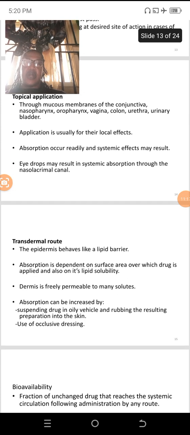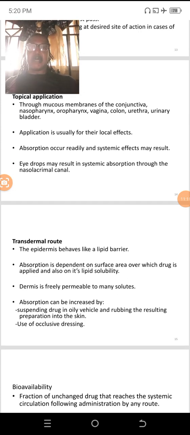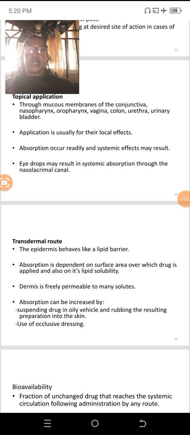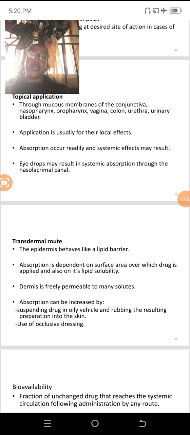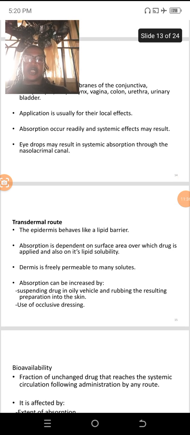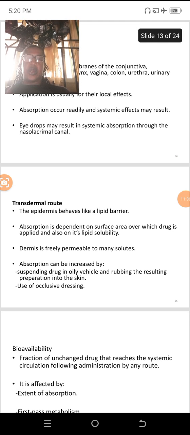The transdermal route. Absorption through the transdermal route is dependent on the surface area over which the drug is applied and also on the lipid solubility of the drug. Absorption through the transdermal route can be increased by suspending the drug in an oily vehicle and rubbing the resulting preparation into the skin.